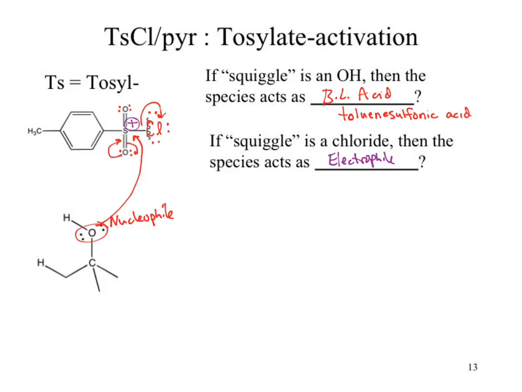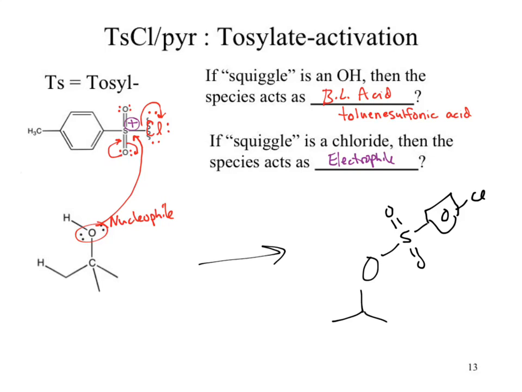Okay. The end product of this is that we end up with our alcohol attached to our, which I'm just going to pretend that's a ring, our methyl. What do we now have out here?